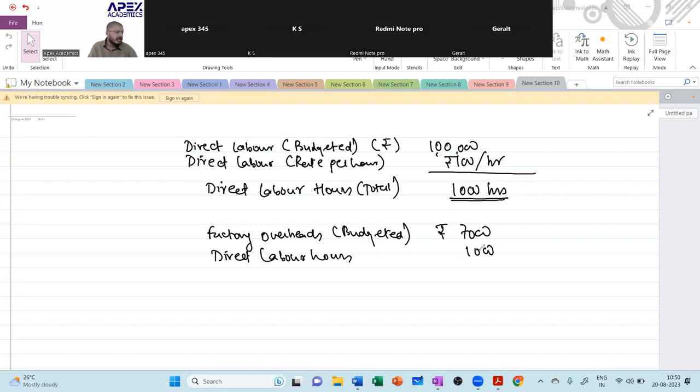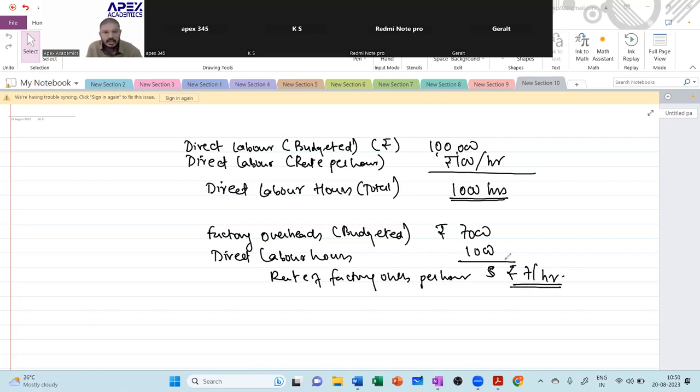Direct labor hours is equal to 1000. So what is the rate of factory overheads per hour? It is rupees 7 per hour.